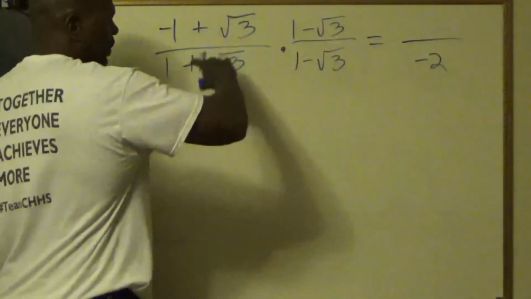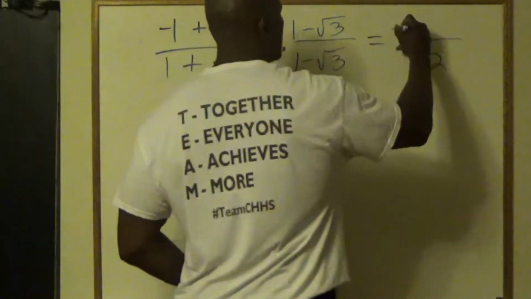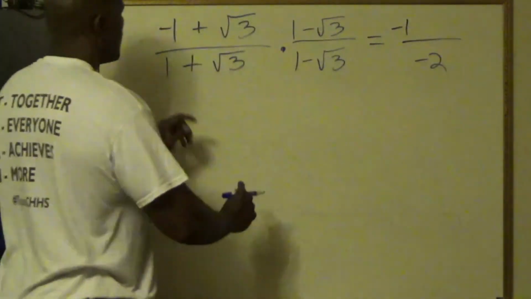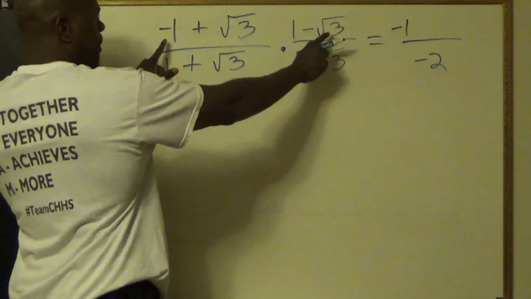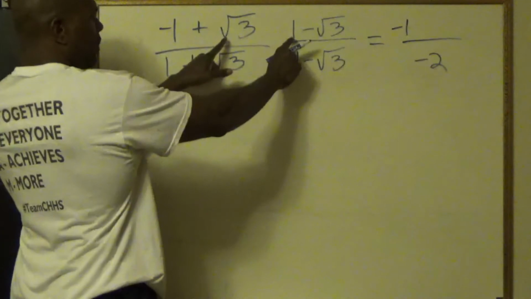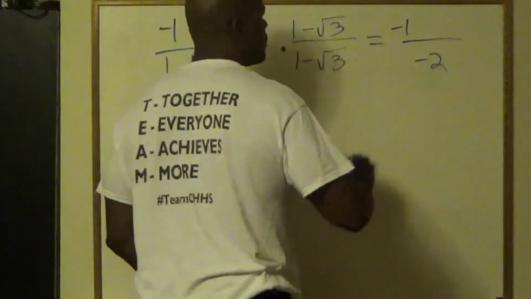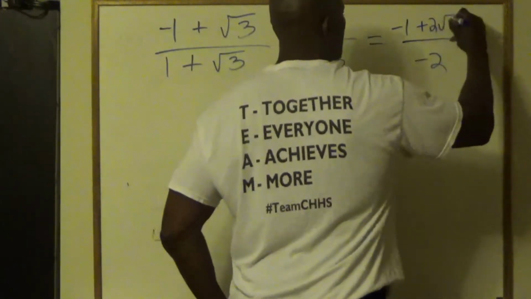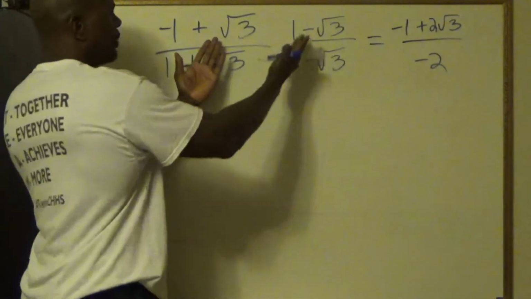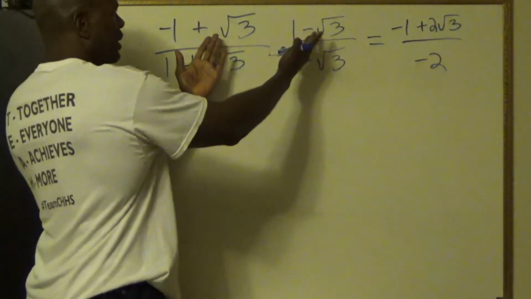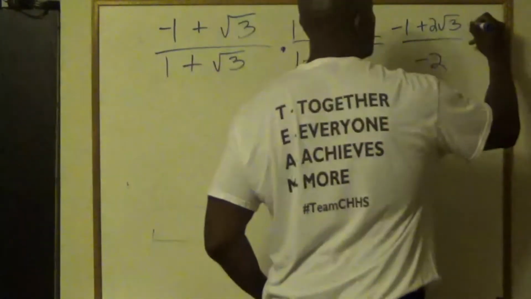So the top, you really have to go through and multiply. Negative 1 times 1 is negative 1. And here you have a positive square root of 3, and here you have another positive square root of 3. So that's 2 times the square root of 3. And then here you have the square root of 3 times the negative square root of 3, which is negative 3.